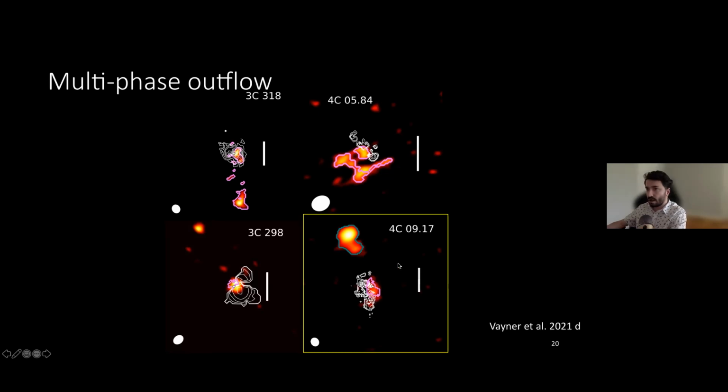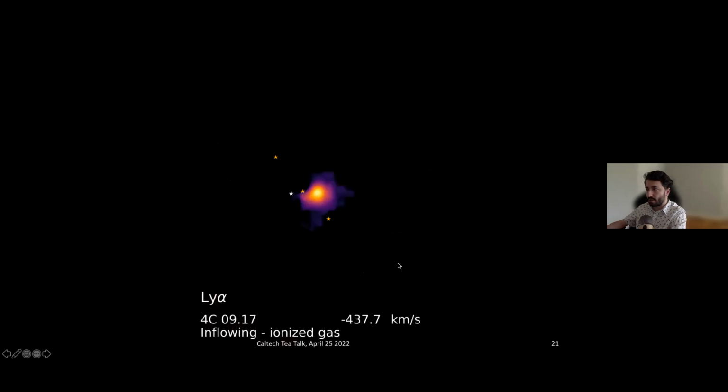And so I thought maybe I could highlight what's going on in the source with this animation here. So it starts off with the Lyman alpha emission in the circumgalactic medium. Then it goes to show the velocity structure in the CO 4-3 line that we detected with ALMA. And then it'll finish showing where the location of the ionized outflow is in the system from OSIRIS.